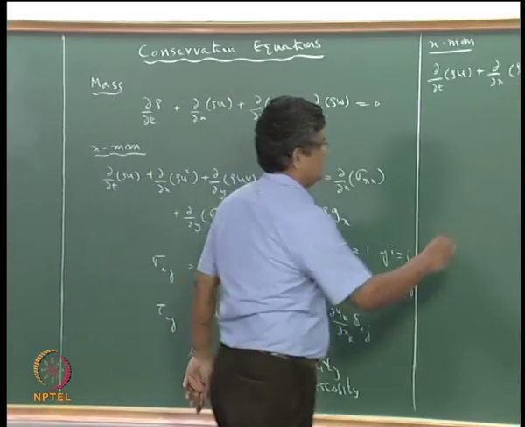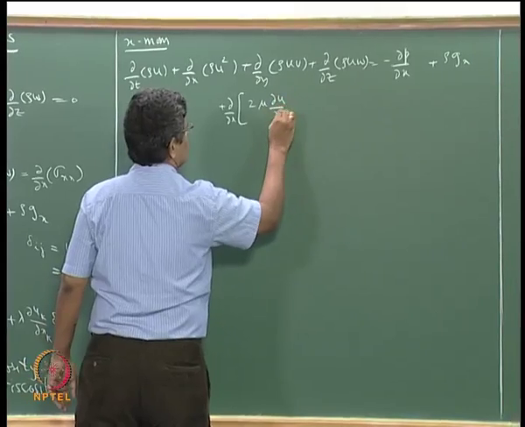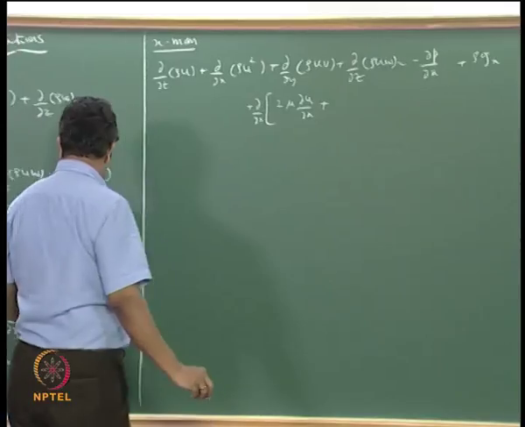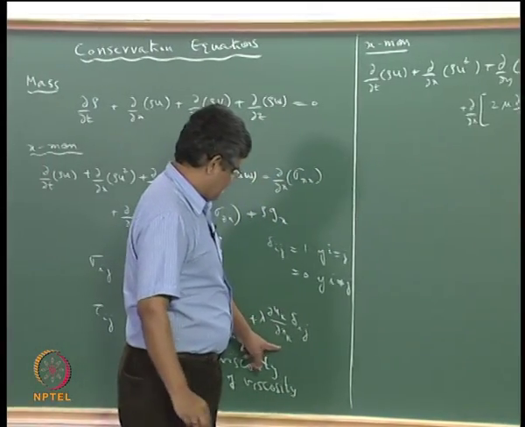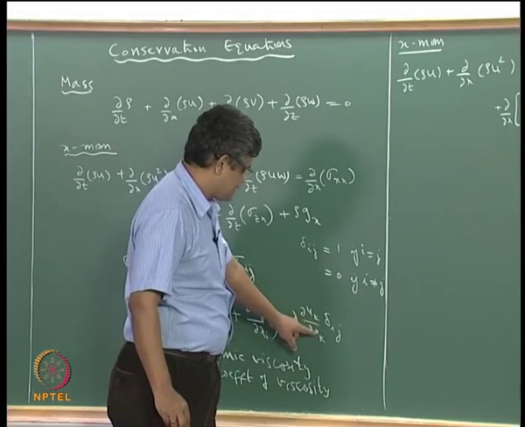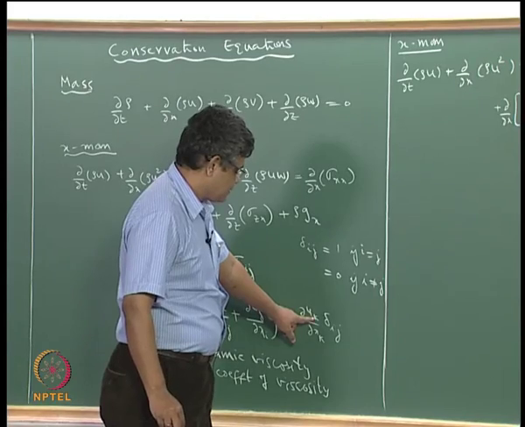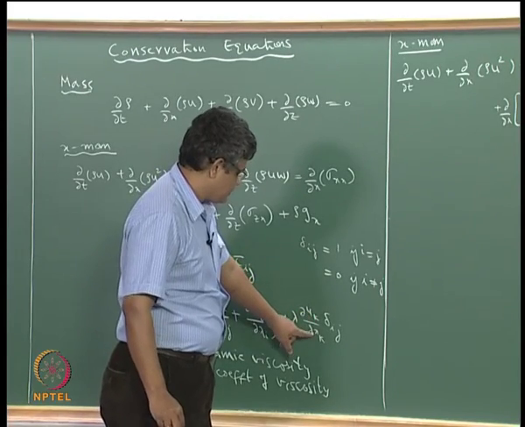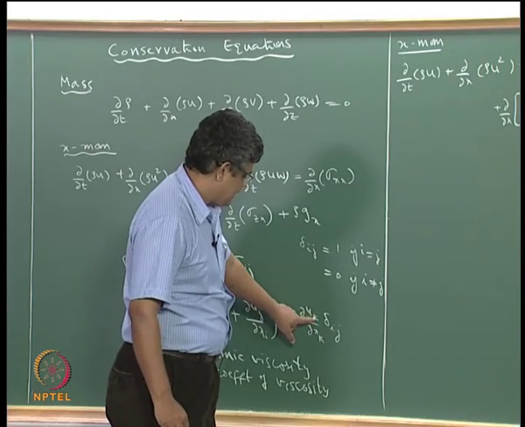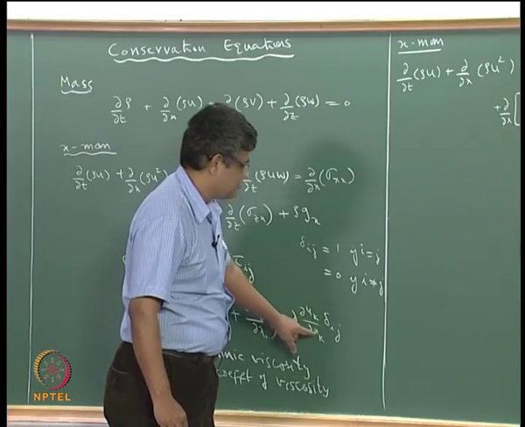So we can write it as 2 mu dou u by dou x plus dou u k by dou x k, which is a term with a repeated index k, and it implies summation over the 3 values of k. So that is k equal to 1, in which case this becomes dou u by dou x, k equal to 2, in which case this becomes dou v by dou y, and k equal to 3, in which case this term becomes dou w by dou z.